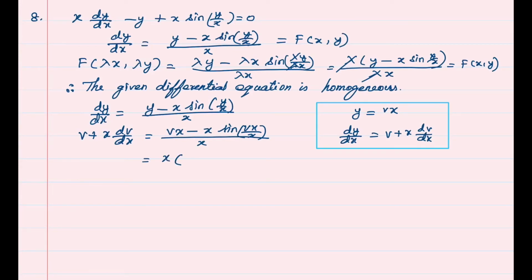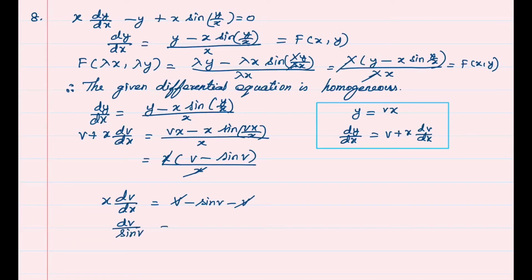We will take x common. x gets cancelled. We will take v to the other side. Separating the variables, dv by sine v is equal to minus dx divided by x.